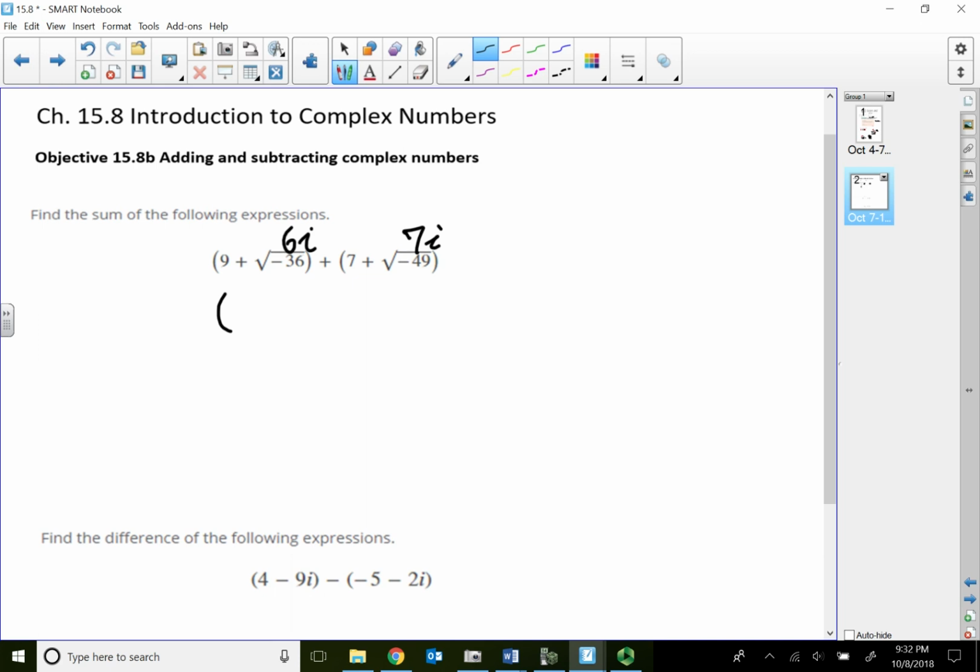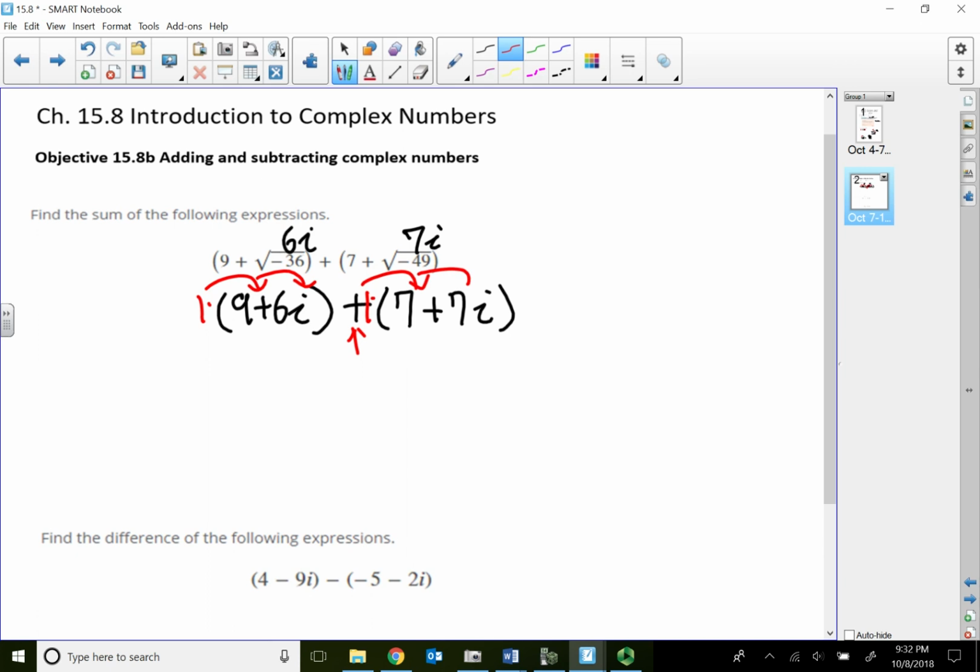My problem is basically taking 9 plus 6i, which is a complex number, and adding it to another complex number, a real part plus an imaginary part. So how can we do this? Well, a couple of different ways. Traditionally, the old-fashioned way, is doing distribution. Use a +1, distribute. A second term, +1, again do a distribution. Bring all the terms to the outside, and then combine that way.